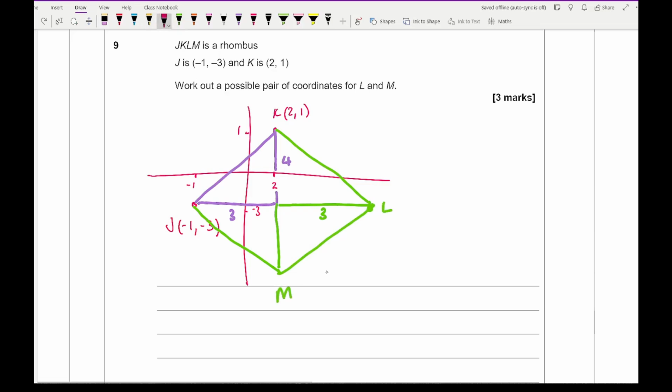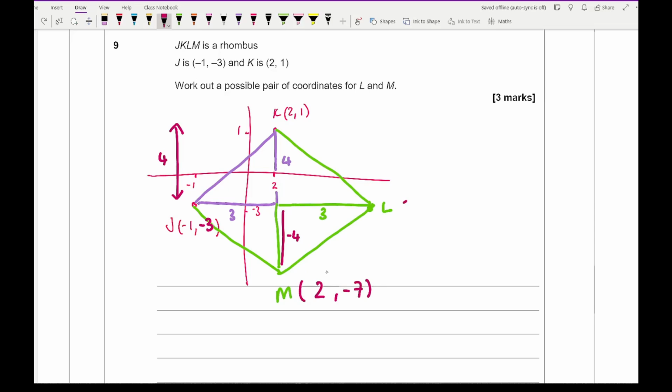Now if I go over that point there, which is -3, again looking at the difference between J and K, the height of those is the difference between the y ordinates, which is 4. So M, starting at -3, going down 4, is going to have a y ordinate of -7. The x ordinate is going to be the same as K, so M is 2, -7.